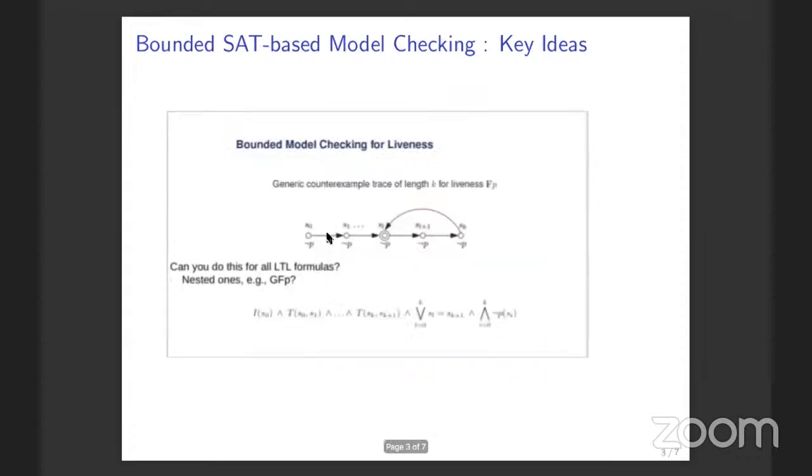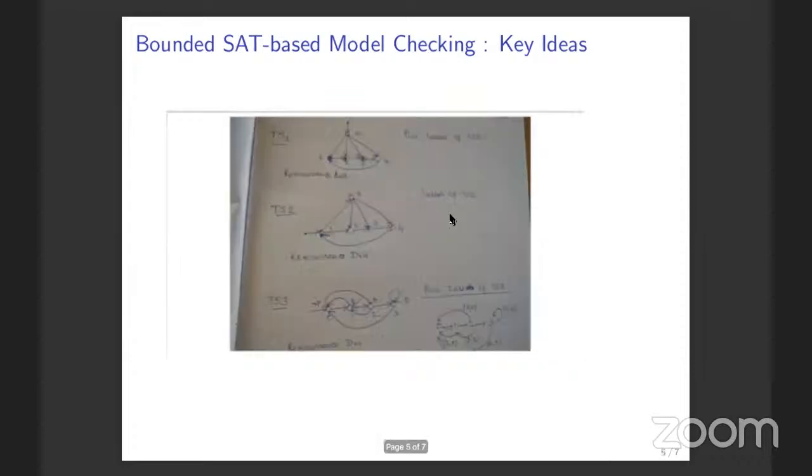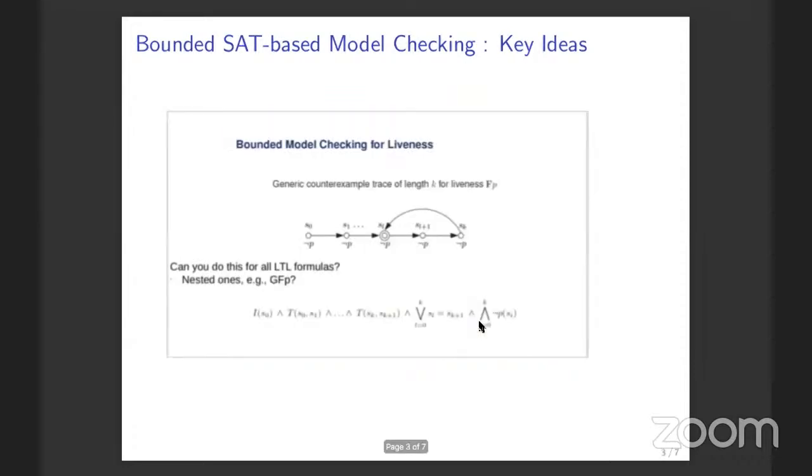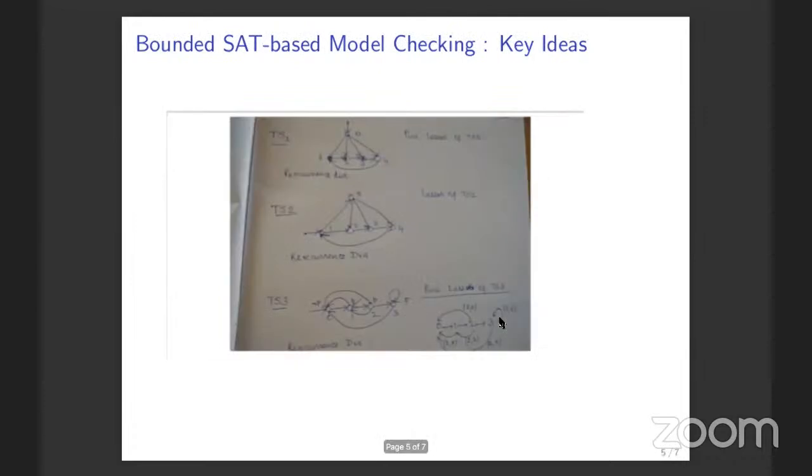This should just be this part here, which is a pairwise disjunction that compares Sk to any one of the states. That defines a lasso. And then there will be, of course, the property part. So that, in general, is what you have.